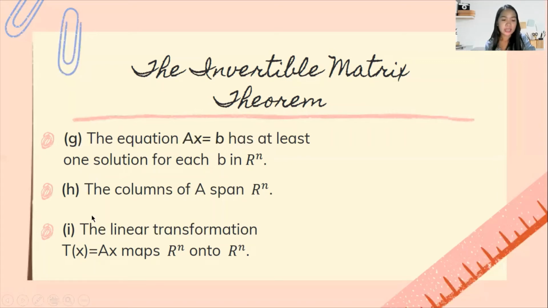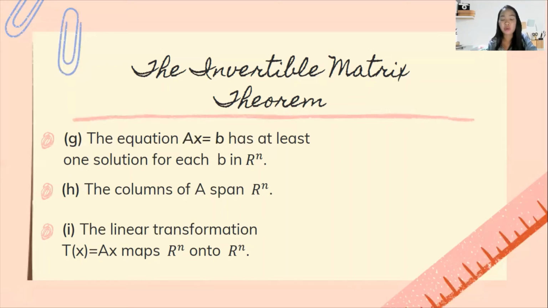And for letter I, the linear transformation maps Rn onto Rn. The previous reporter discussed this one. What is onto? When you row reduce a matrix A, if A is the standard matrix for a linear transformation, and there is a pivot in every row, then the transformation is onto.